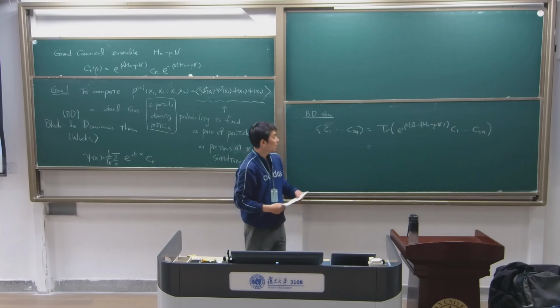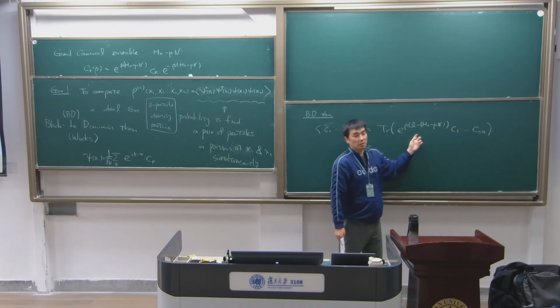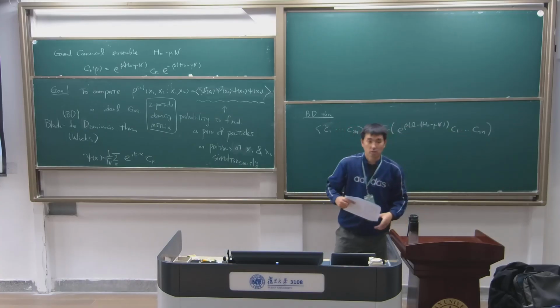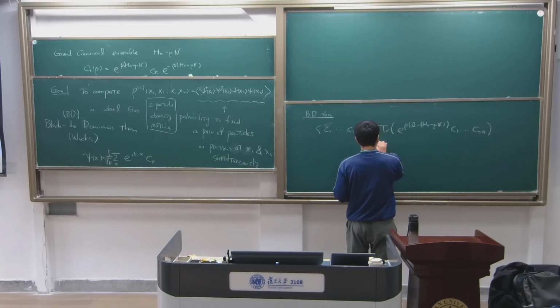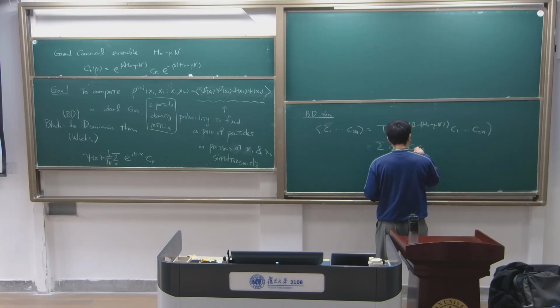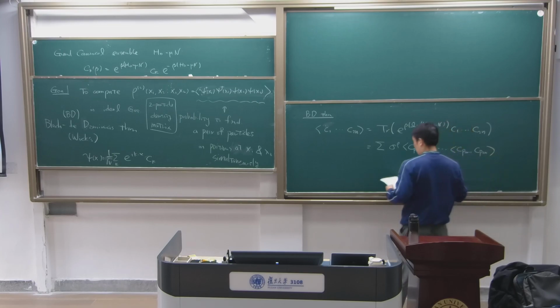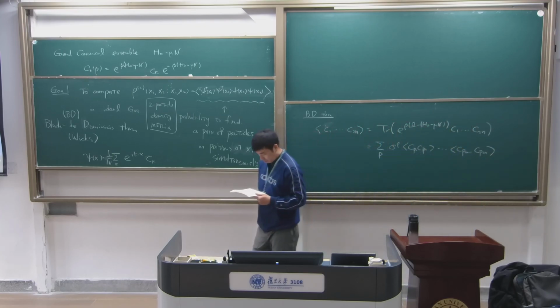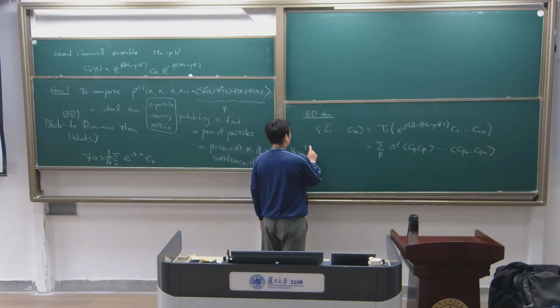In statistical mechanics, the expectation value is always just the operator with the density matrix and take a trace. That's the definition of expectation value. And then this one is given by a sum over P, where P is a permutation matrix.